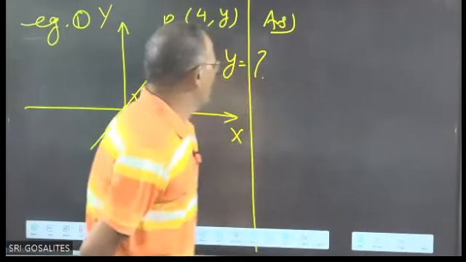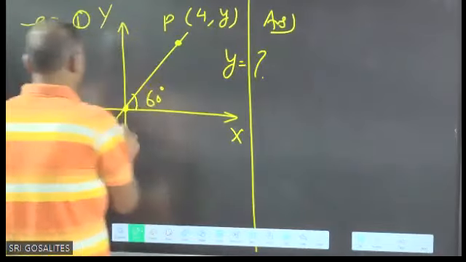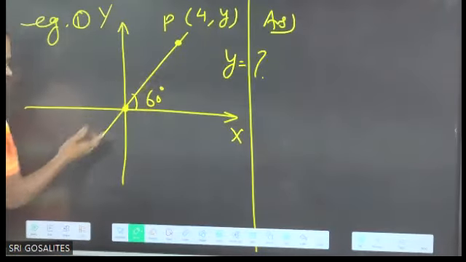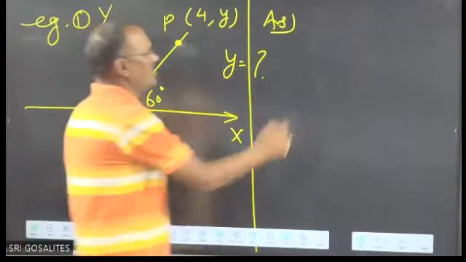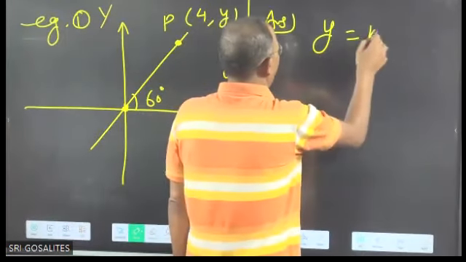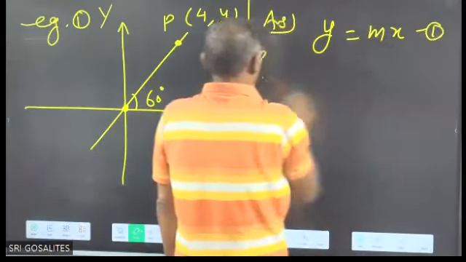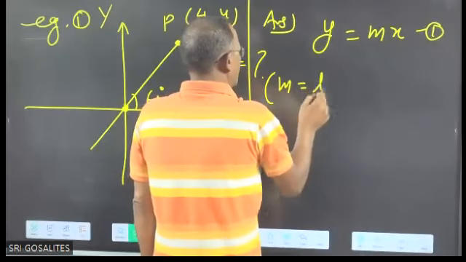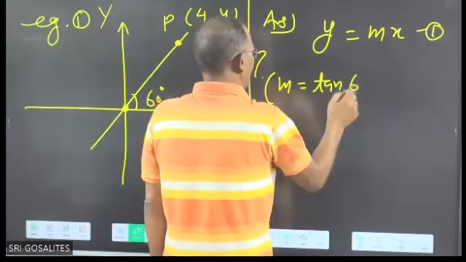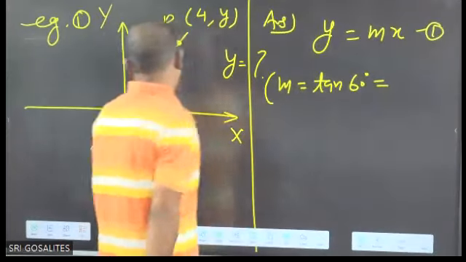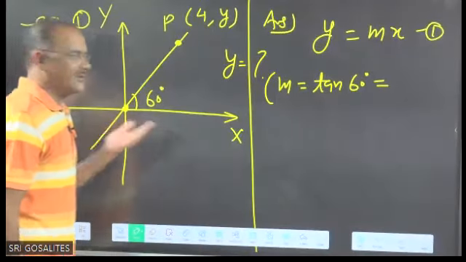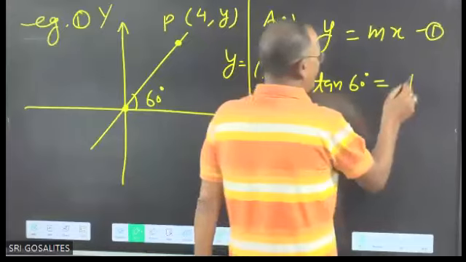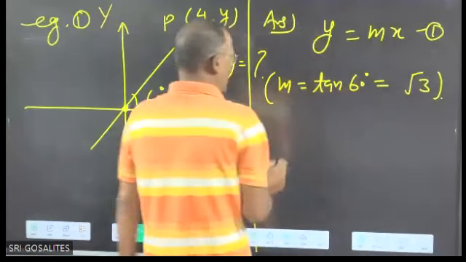Okay, fine. So the answer: this is the line which is passing through the origin. So the equation of such a line will be y equals mx. What is the m here? Slope of the line means tan 60 degrees, because theta with the x-axis is 60 here. Tan 60 is how much? √3.